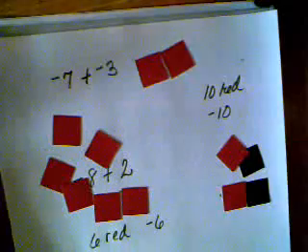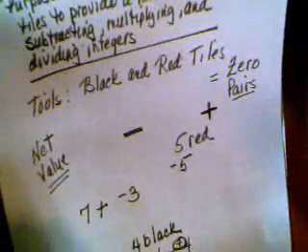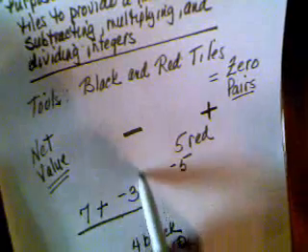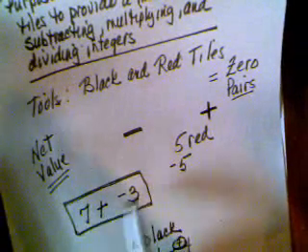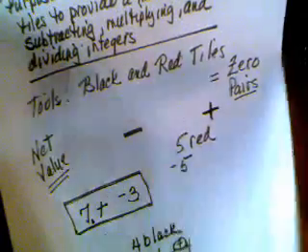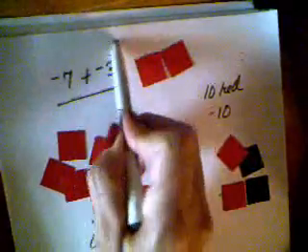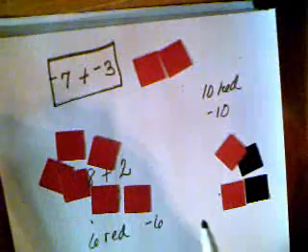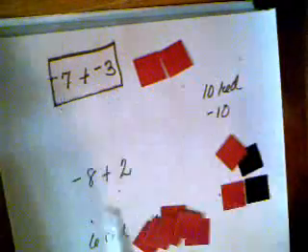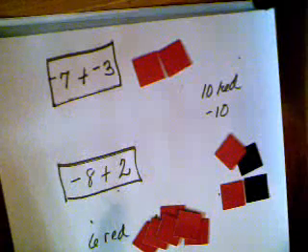In the examples that I've shown you, we have looked at what happens if the signs are different, what happens if the signs are the same, and again what happens if the signs are different.